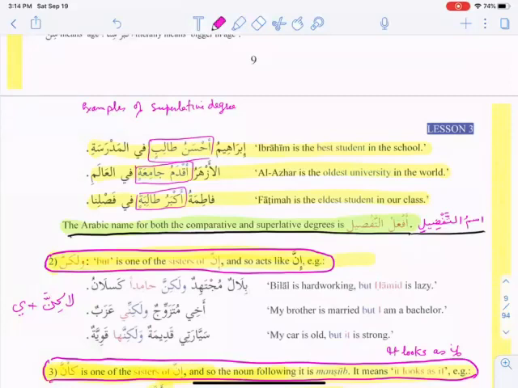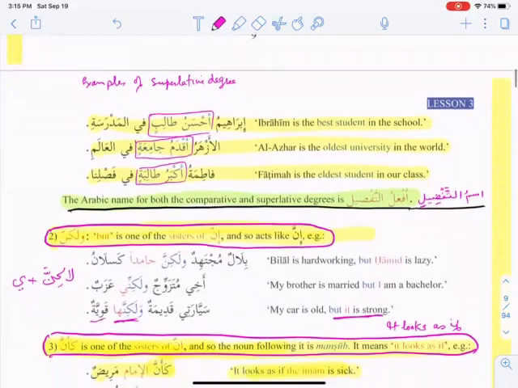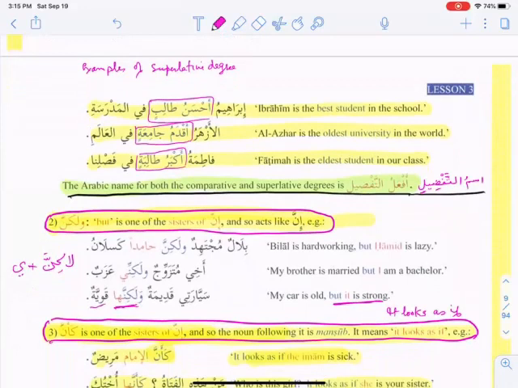Sayarati kadimatun. My car is very old. My car is old, but lakinnaha kawiyatun, but it is strong. So my brothers and sisters, lakinnaha. What is ha here?